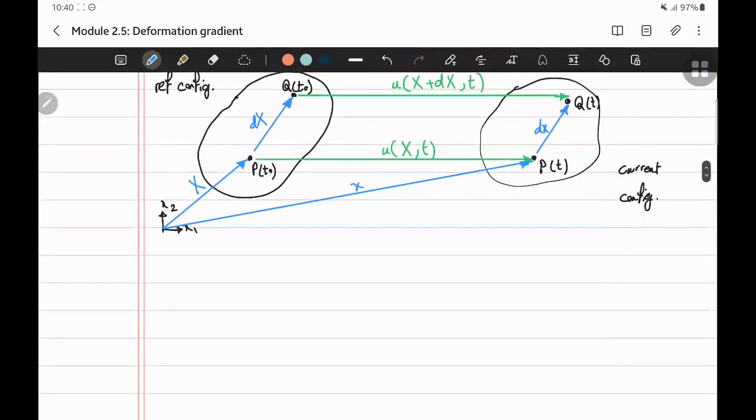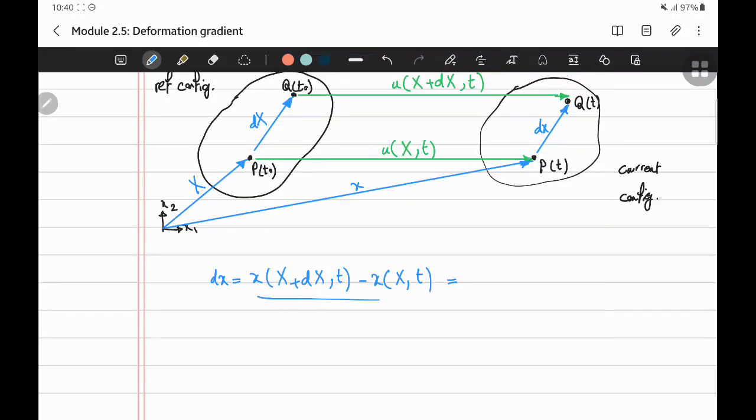If you remember, for the current configuration, we said dx was equal to x at Q, which was x of (X plus dX, t), minus x at point P. So the vector small x becomes x of (X, t).